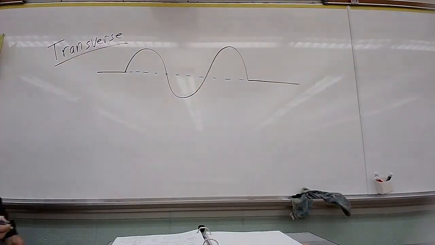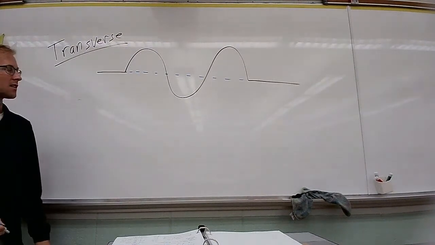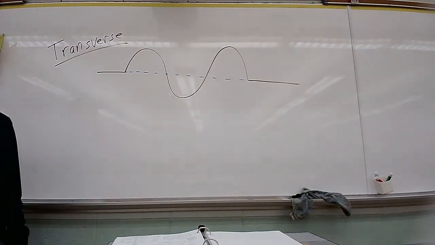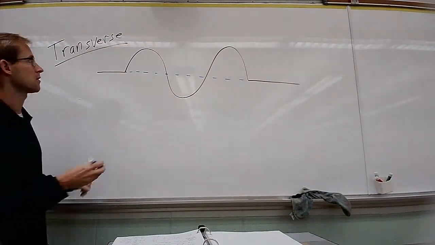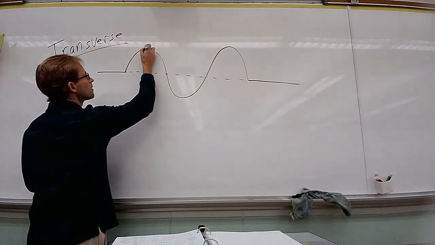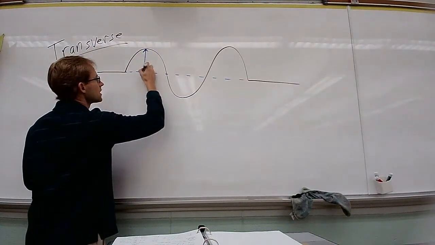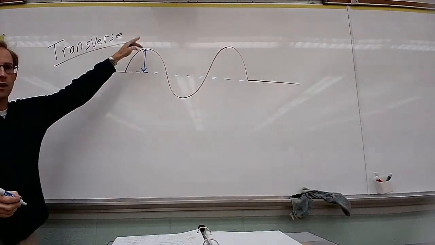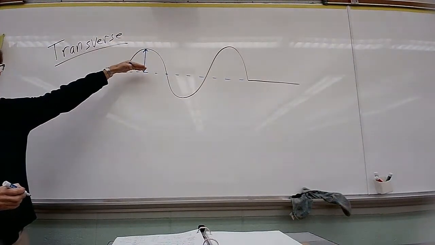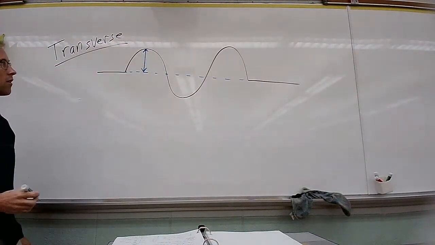A lot of different characteristics about this one. We mentioned a couple of them earlier. One was amplitude. Amplitude is simply the distance between the crest of a wave, the high point, and the middle point here. So you would call that amplitude.